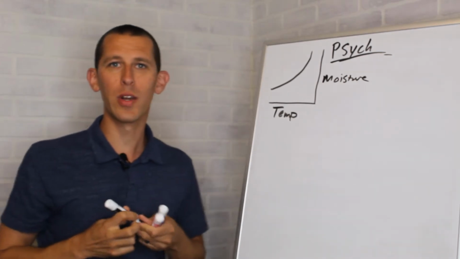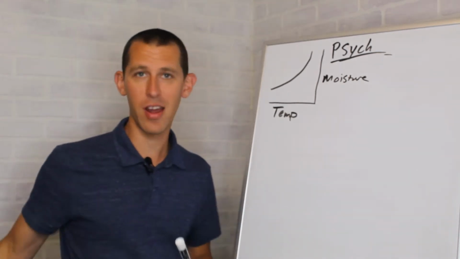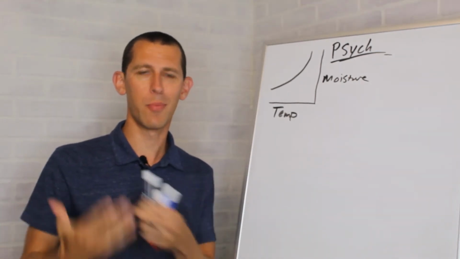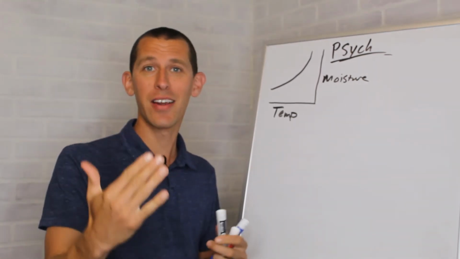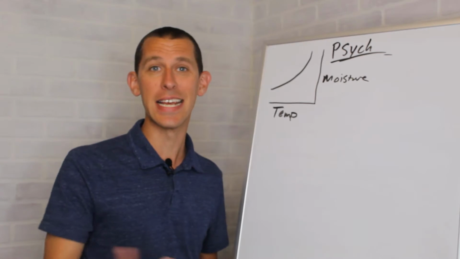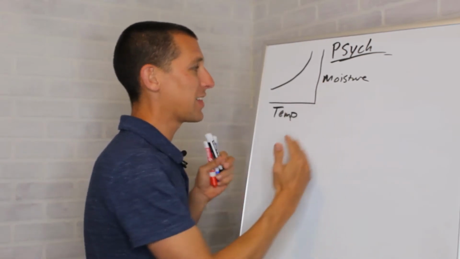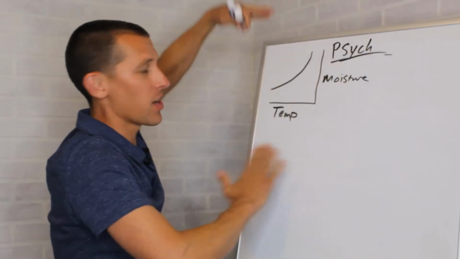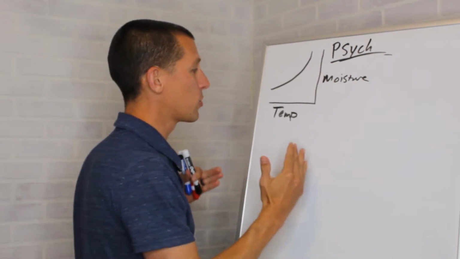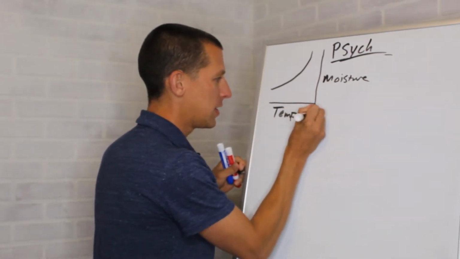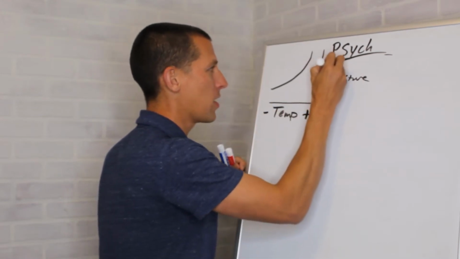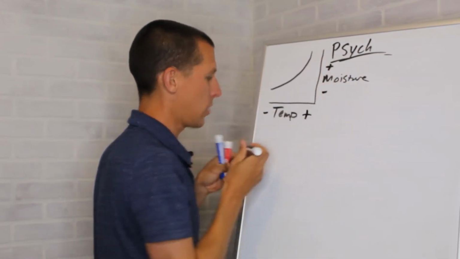If I had grabbed mine out of my backpack, but it's not in there tonight. I carry a Psych chart a lot because you need it. If you looked at it, there'd be lines going everywhere, and it's kind of crazy. But the most important thing to remember is that temperature increases going that way, and moisture increases going up.